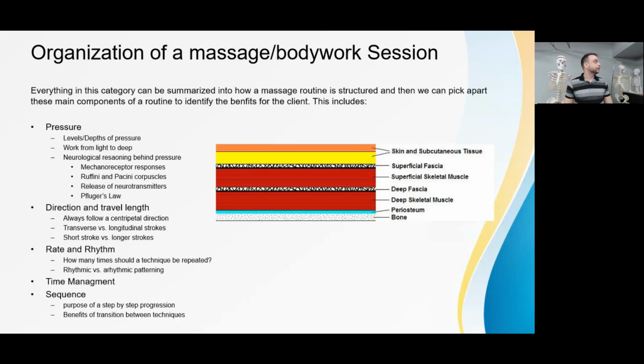So then we could take a look at Pfluger's law too. Mostly I'll use Pfluger's law as a justification of time management and organizing of the body, but there's a few components to Pfluger's law that can really help us out, especially unilaterality, where working on one side of the body can actually affect the other side of the body.